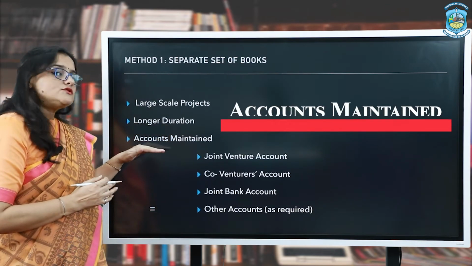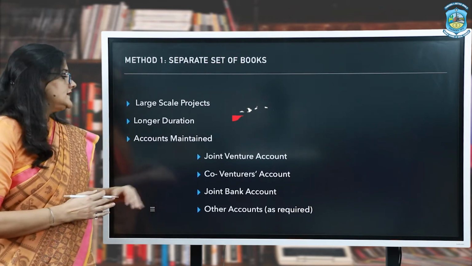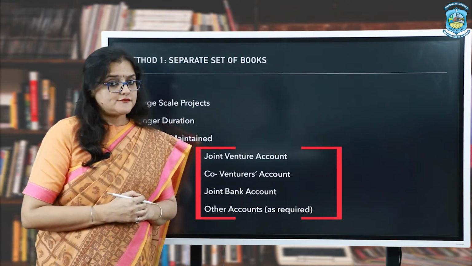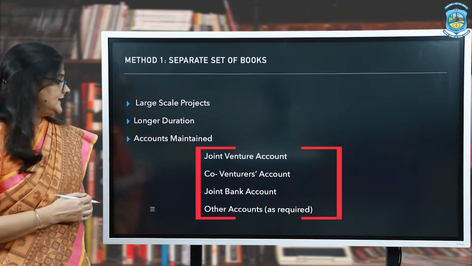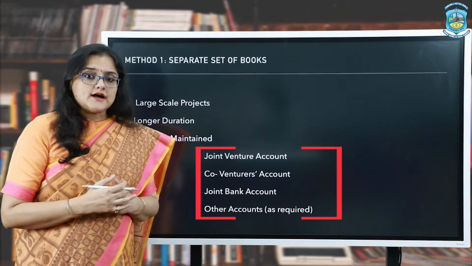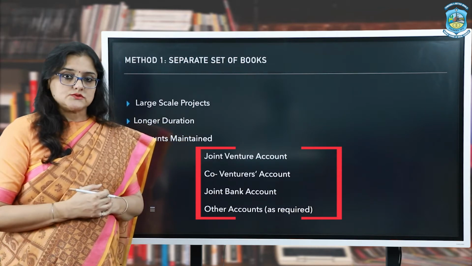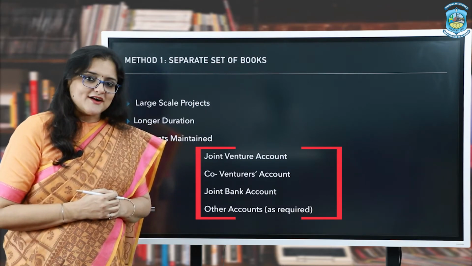And the accounts maintained under this method include these accounts. First one is the joint venture account, which is same as that of profit and loss account, and it helps in computing the profitability of the venture. Second, like partners account, we maintain the personal accounts of the co-venturers also. And the nature of this account is same as that of the creditors account.